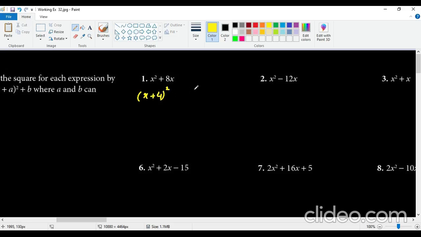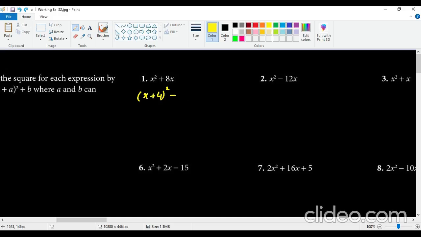Then take the square of this number, what you have halved just now. You have taken 4 as half of 8, and here you have to take the square of 4 and subtract. You just write here minus 4 square, which is going to be 16.